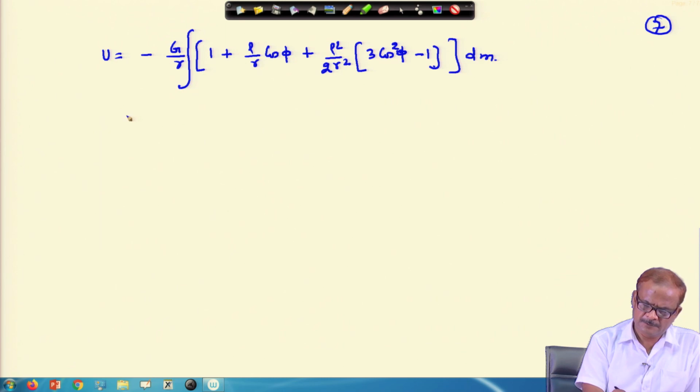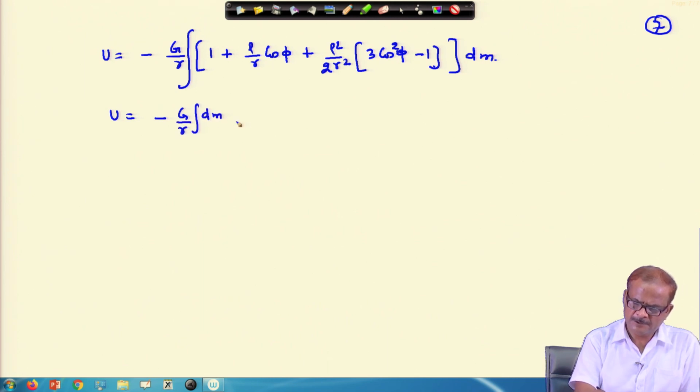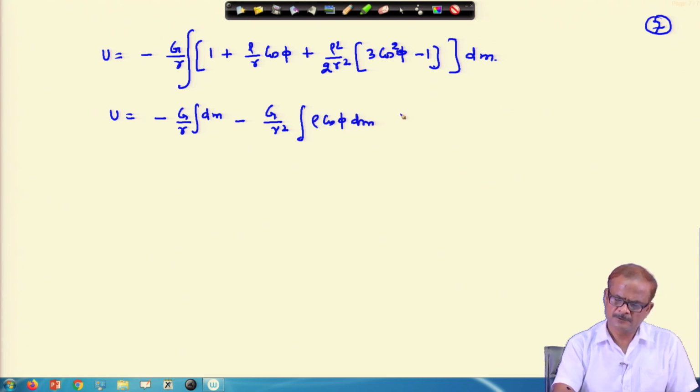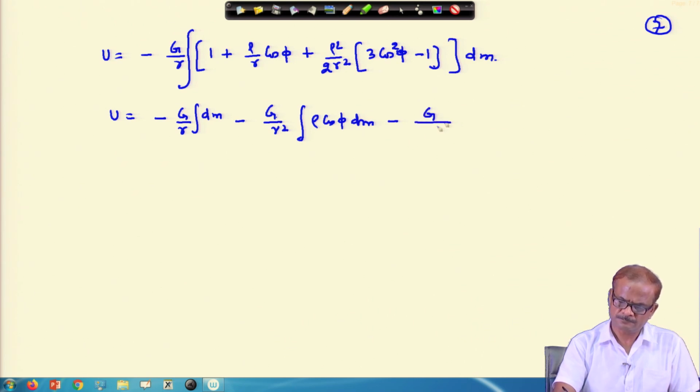Okay, now of course, we can write this as minus g dm by r, minus g by r square rho cos phi dm, minus g by 2 r cube rho square.